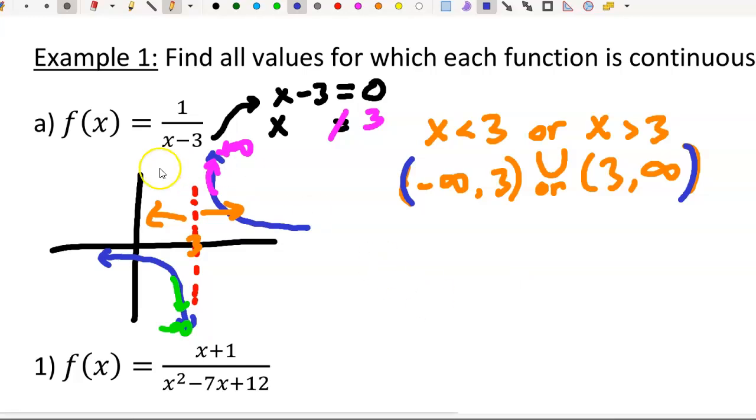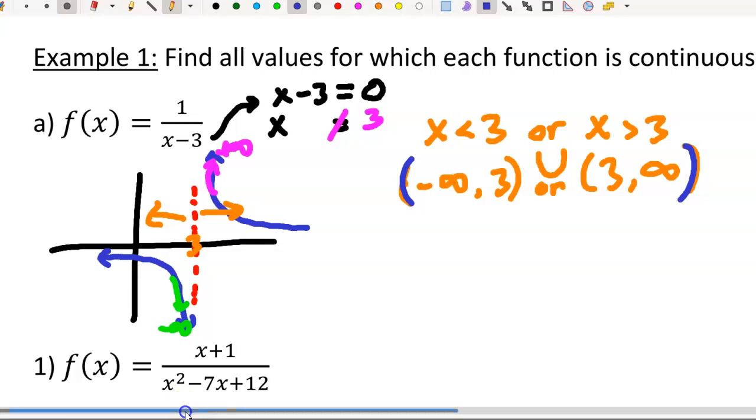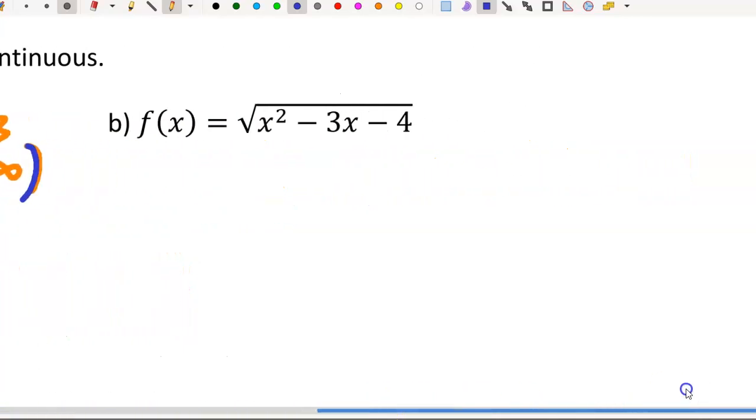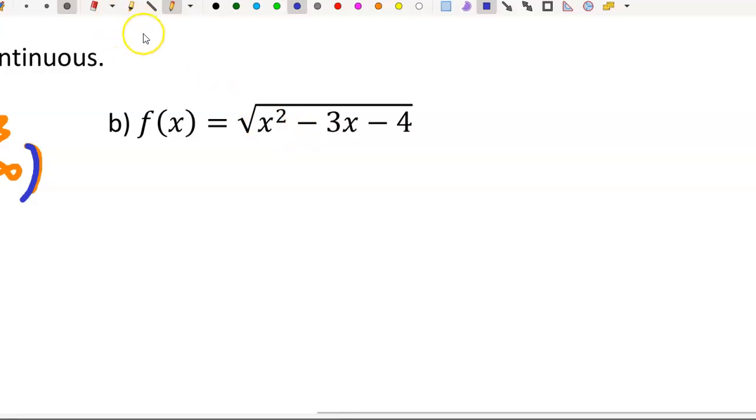So let's take a look at another similar function that has restrictions, something mathematically troublesome. It's because we're dividing by 0, but you guys also know there's something troublesome with square root functions, right? We're sticking with just the real numbers, not imaginary, so square roots cannot be negative.